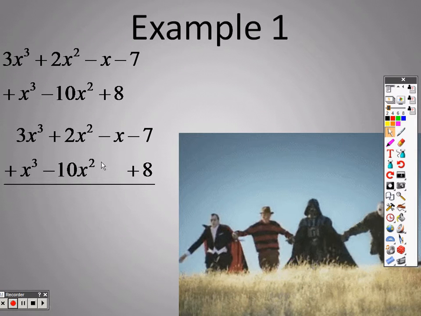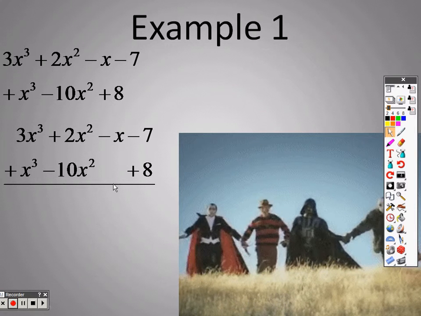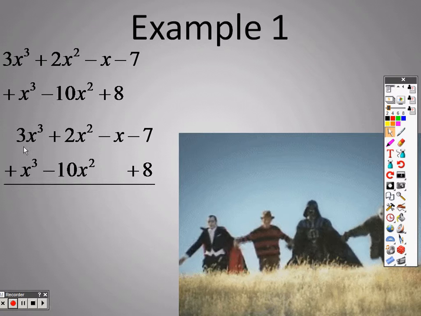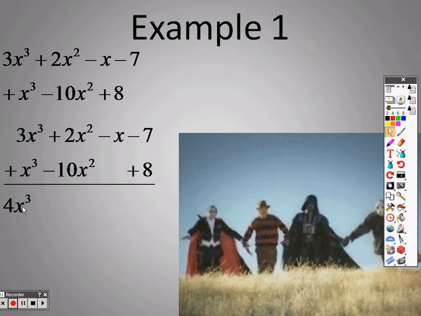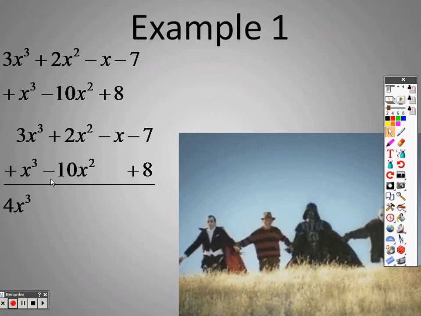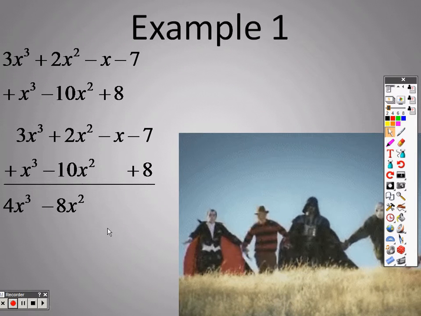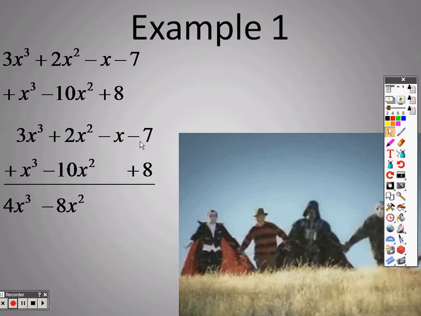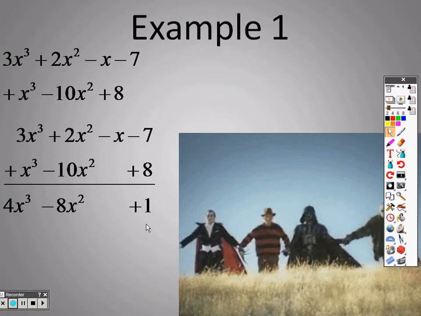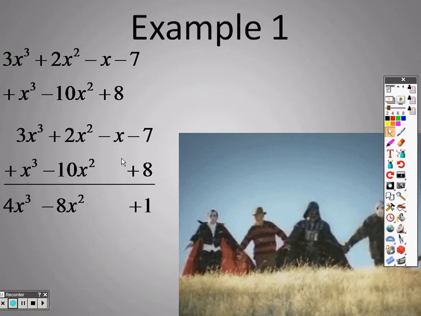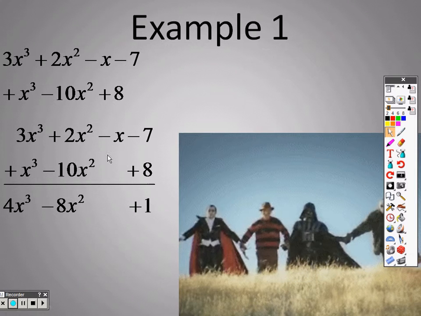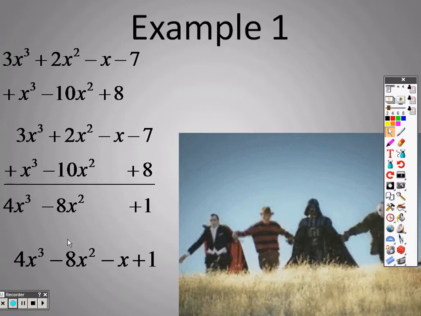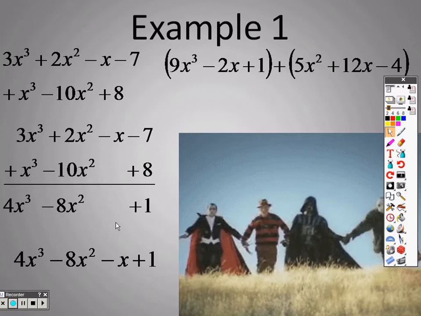Notice how I left a gap here because there is no x, to make it easier to add. 3 of them and 1 of them is 4 x's cubed. 2 x's squared and negative 10 x's squared, so I get negative 8 x squared. There is no other x's, so we'll come back to that. Negative 7 and 8 is positive 1, and since there was no other x's, I just bring down exactly what I had. That was a negative x, and there's your answer.